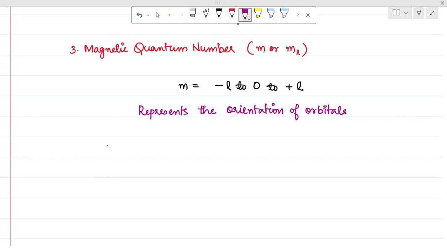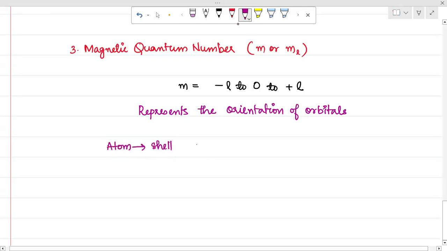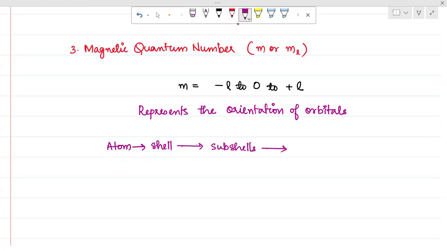So we started with atom, and then you got shell, and inside the shell we told that there are something called subshells. Inside the subshells there are some stuffs called orbitals, and these orbitals have got different orientations. I'll explain so that you can understand.